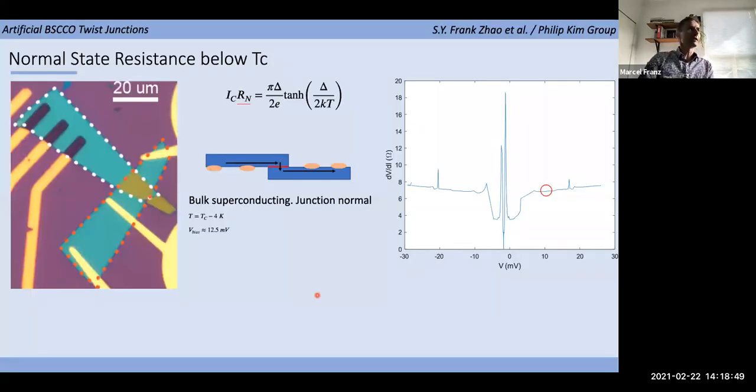I just learned about a month ago that Philip Kim at Harvard is doing experiments that are somewhat related to this. They don't have monolayers, but they have thin flakes that they assemble with twists. These are thin flakes of the same material, BSCCO.